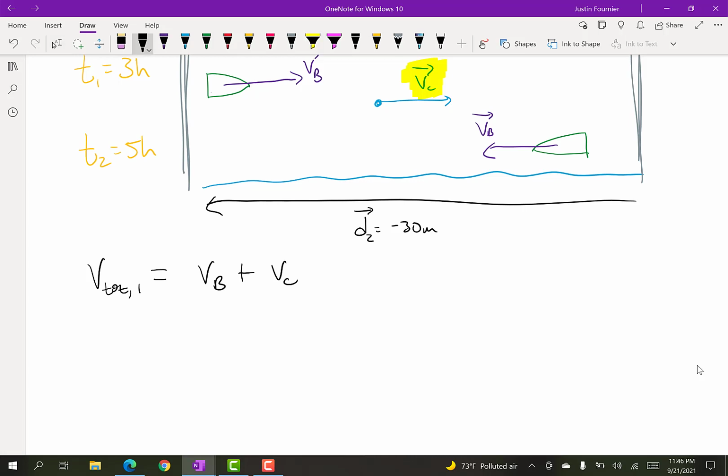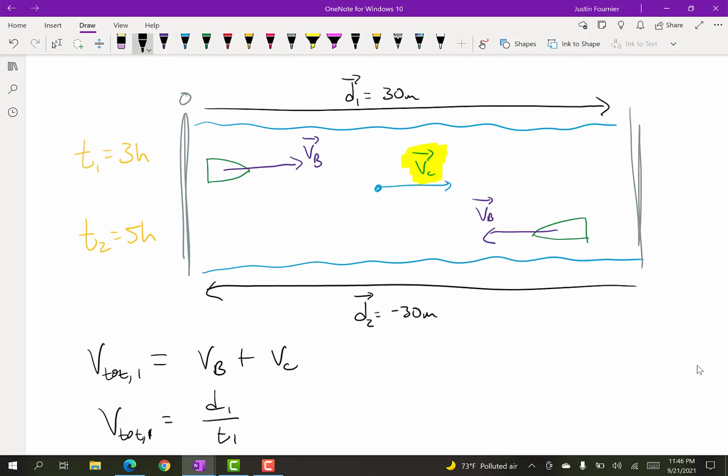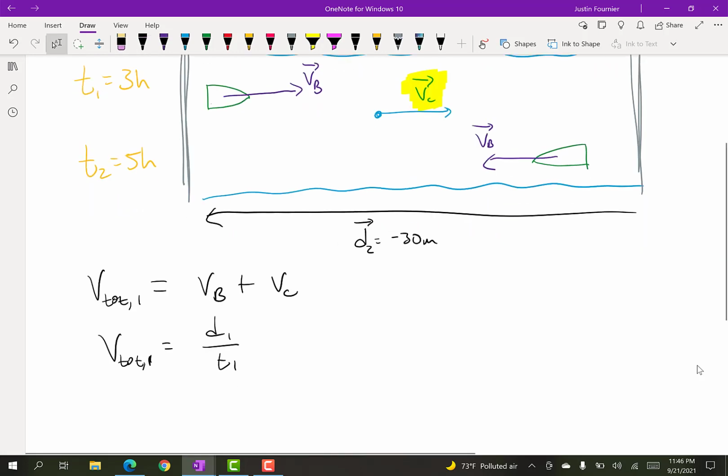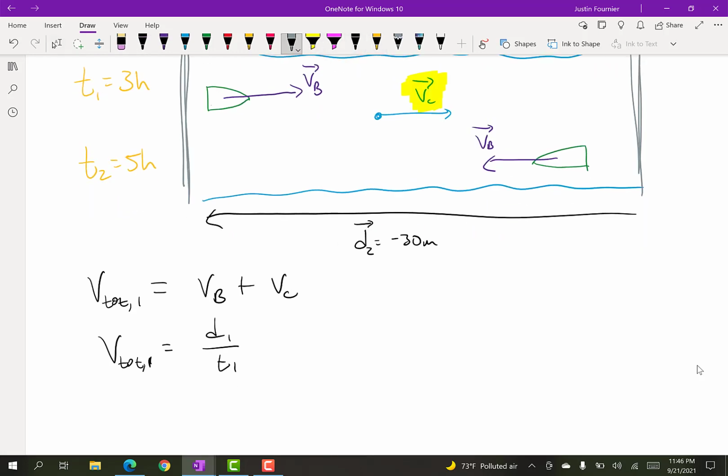And then I also know that the total velocity is just the displacement divided by the time. So this is the displacement, this is the time, so I'm using D1 and T1. Those two things are relationships right there.